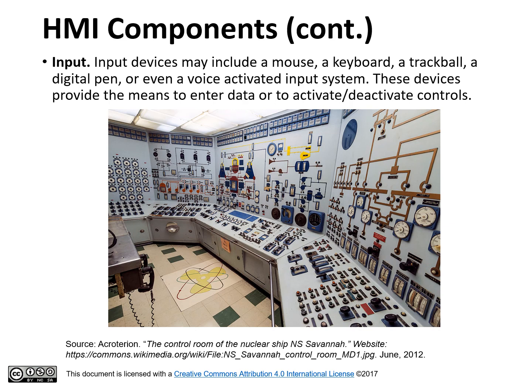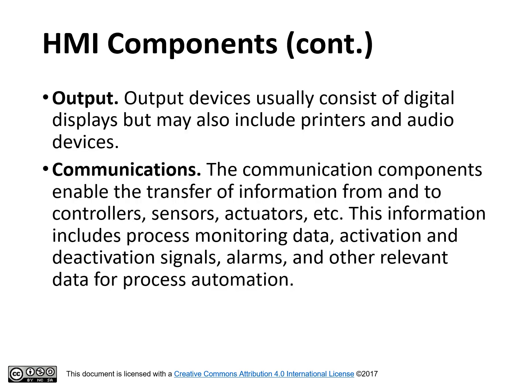A traditional HMI with a collection of input devices is depicted in the figure. Output. Output devices usually consist of digital displays that may also include printers and audio devices. The audio devices are mostly integrated with safety and alarm systems.